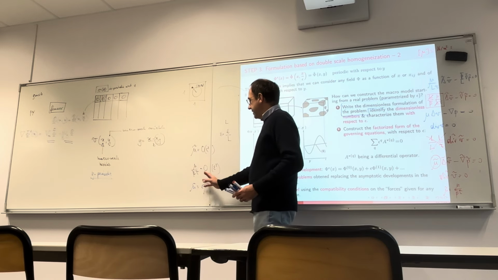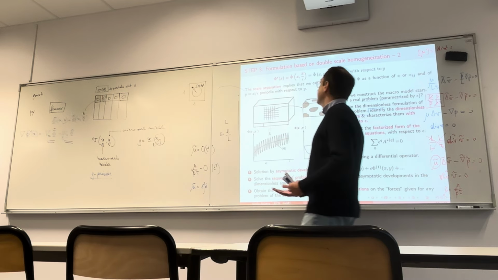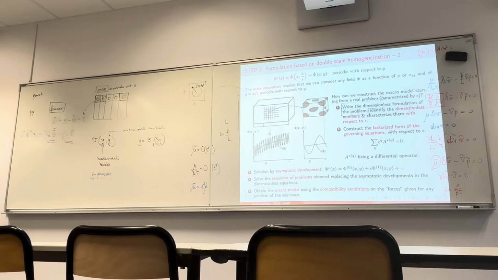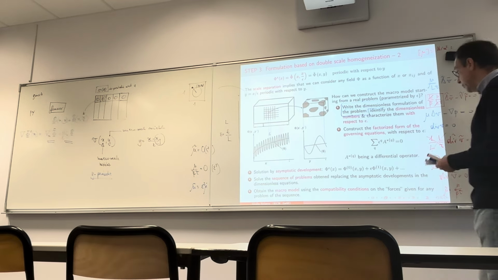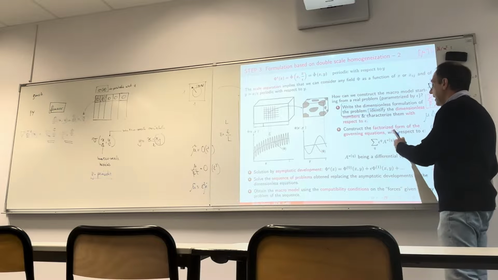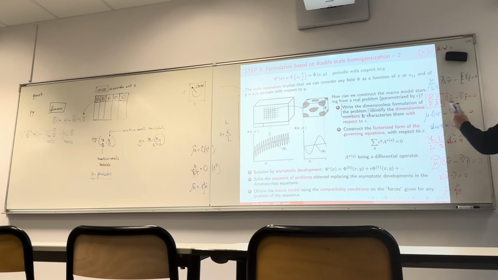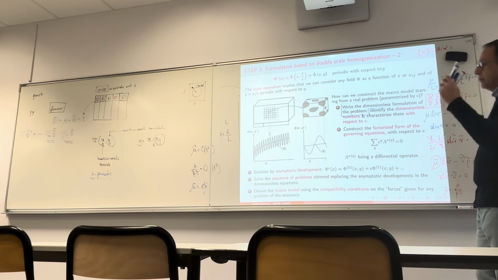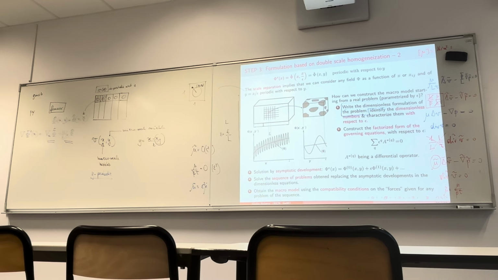So make explicit the dependence on epsilon of the different dimensionless numbers that we have introduced, and understand what are the terms of order 1, of order epsilon, of order epsilon square, of order 1 by epsilon, and so on, in the governing equation.